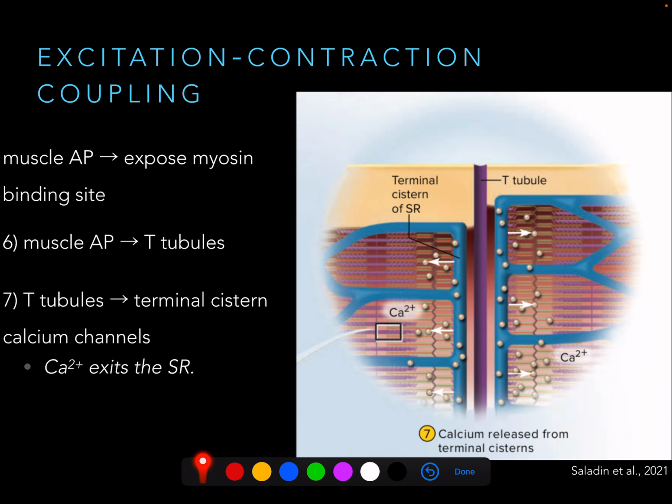There are the terminal cisterns on each side of the T tubule. This surrounds it in real life, but in this cross section, one side here, one side here. The sarcoplasmic reticulum is filled up with calcium, and voltage-gated calcium channels get turned on by the action potential in the T tubule. So the sarcoplasmic reticulum then spits out calcium.